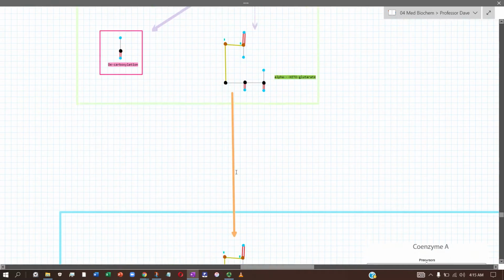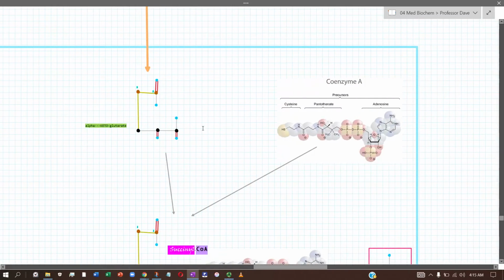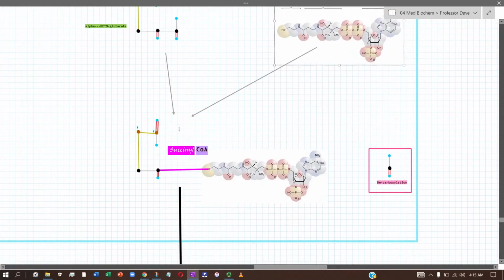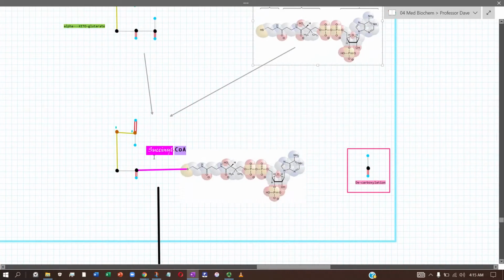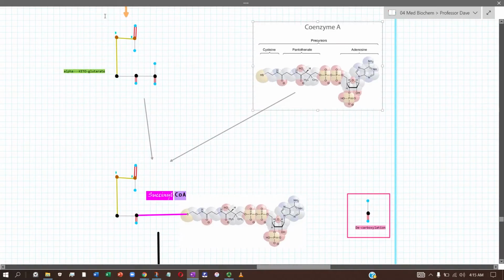So what happens next? Well, the alpha ketoglutarate again gets attached to coenzyme A. Oh, and by the way, another decarboxylation takes place. As you can see, I drew things straight up and down.